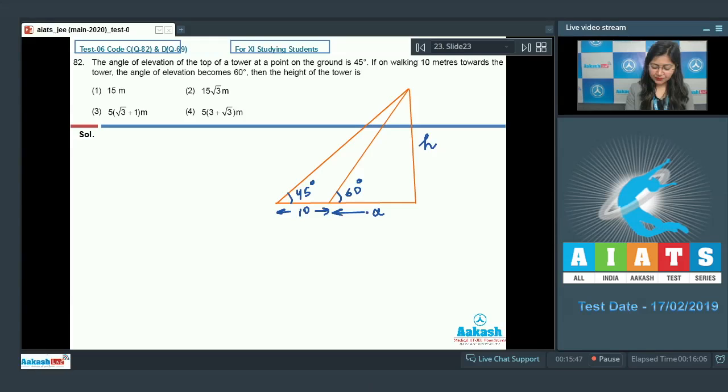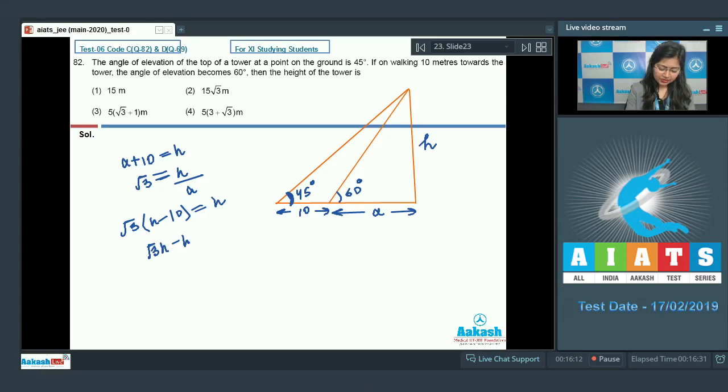Let us say this is a. Now this is tan 45, so this is h. So a plus 10 is equal to h, right? Also tan 60, that is root 3, is equal to h upon a. Now we have to find h, so let us eliminate a. That is root 3 into a, that is h minus 10 is equal to h. That is root 3 h minus h is equal to 10 root 3.